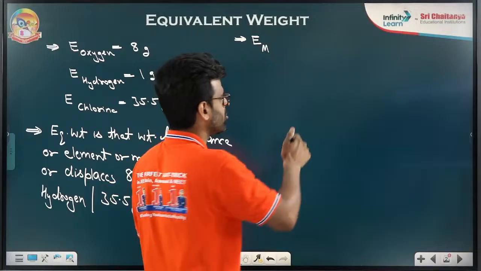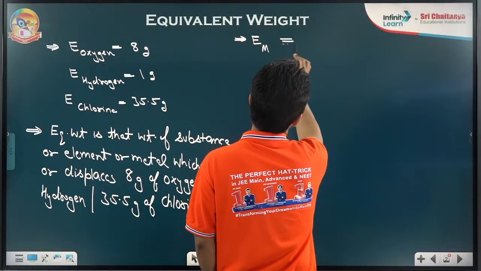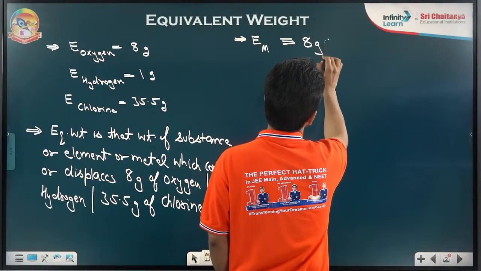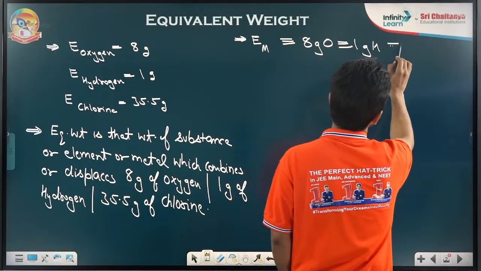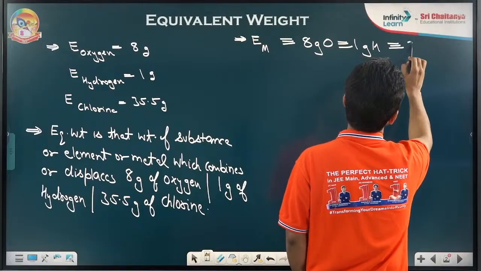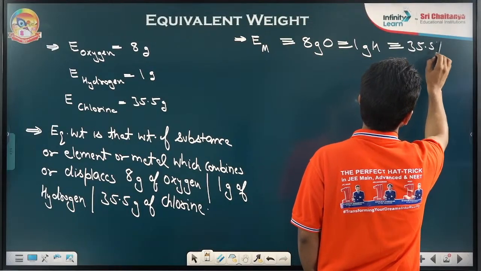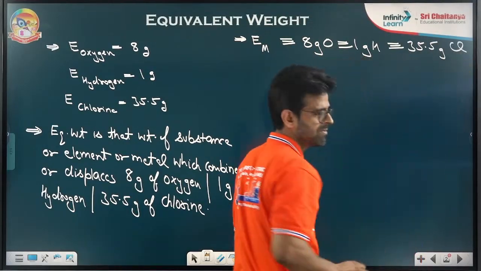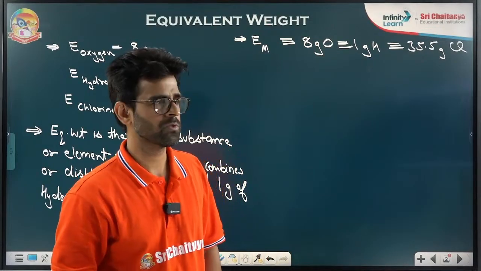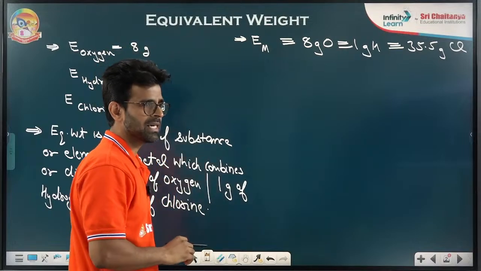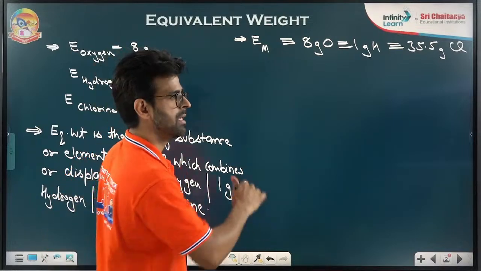It will be that weight of substance which will combine with 8 gram of oxygen, or 1 gram of hydrogen, or 35.5 gram of chlorine. We will take many examples here, don't worry. I'm moving step by step. So carefully try to understand, then we will write a shortcut also.